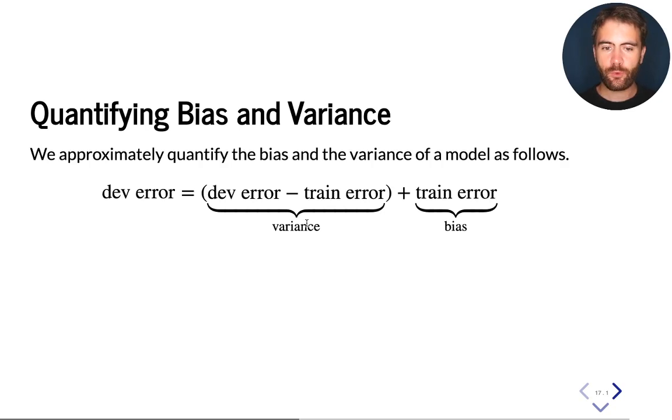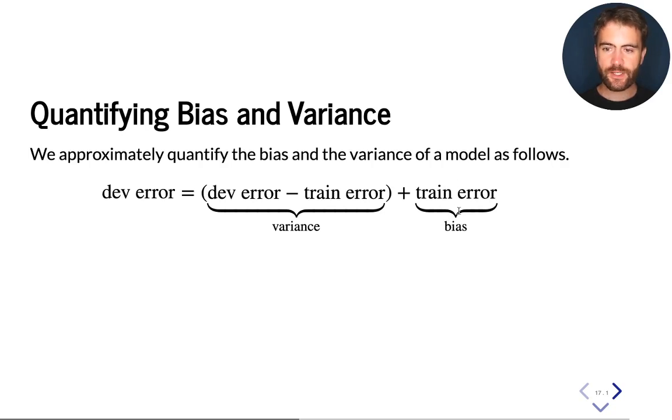Here I have a simple equation where I'm taking the development set error and I'm subtracting and adding the training error, and grouping these terms, we can take the first grouping to be an estimate of variance, and this term is an estimate of bias.